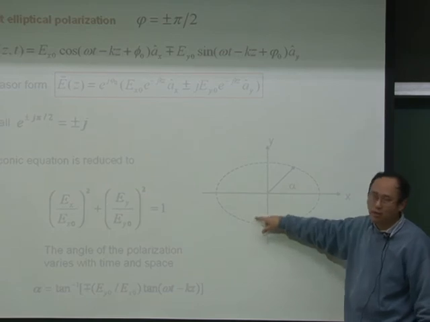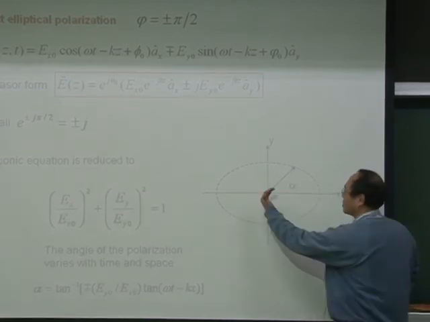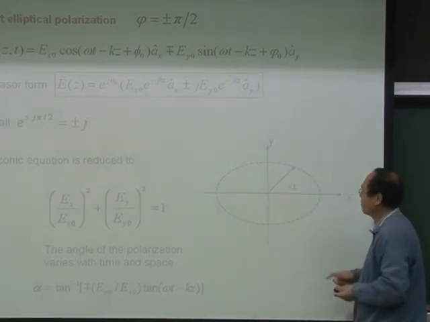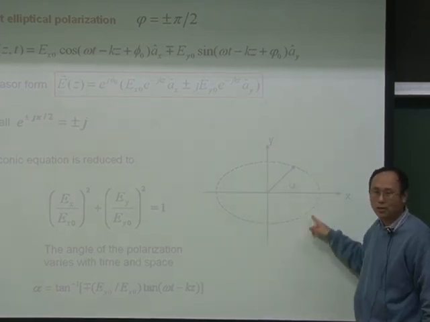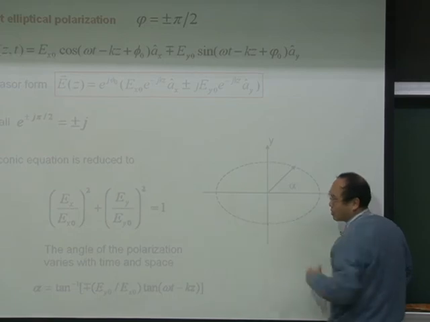Okay, for alpha rotate in the clockwise direction, you have to use your left hand to do this. So if alpha rotate in the clockwise direction, then we call it left hand polarization.